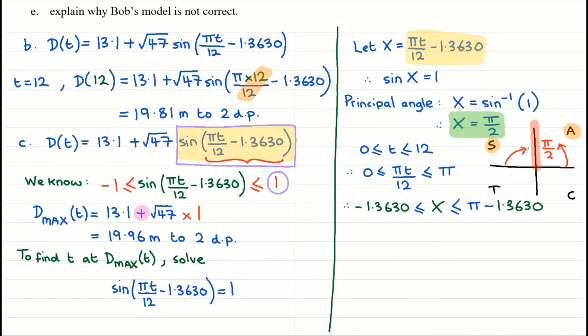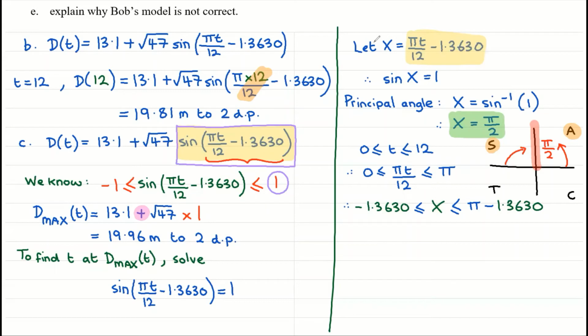All right, so what are my possible answers? Well, if I'm only looking in the very short interval from negative 1.36, okay, up to pi subtract 1.3630, there is only going to be one answer, and it's going to be pi over 2. Okay, so just confirm that using the CAST diagram.